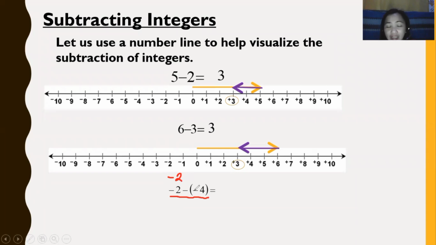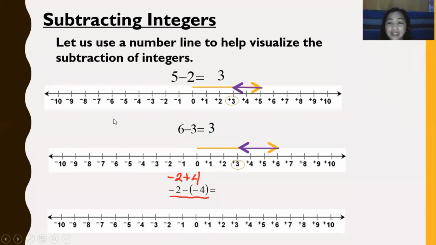Negative times negative is positive. So it will become negative 2 plus 4. So now, first let us plot negative 2, and that is 2 units going to the left. All right, that is negative 2. And then we have plus 4. So that is going to the right, 4 units from negative 2 to the right.